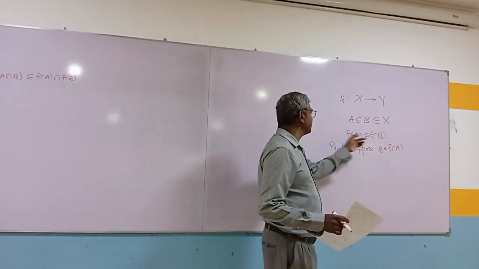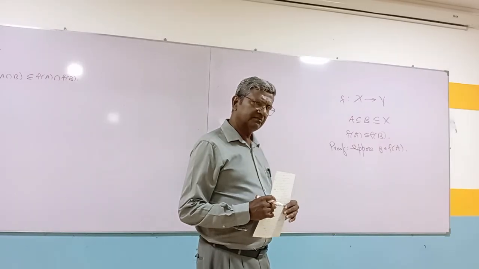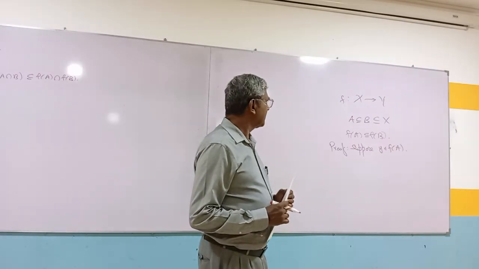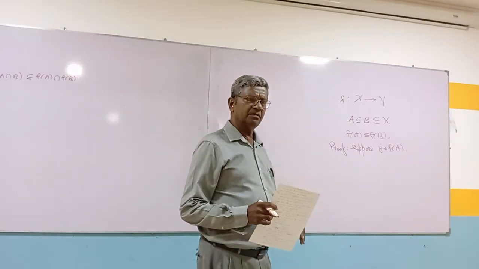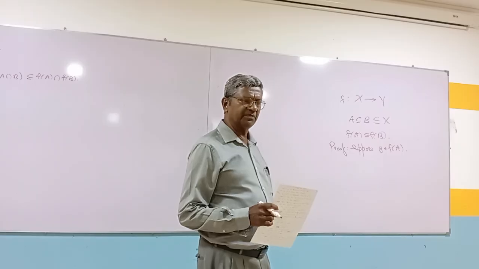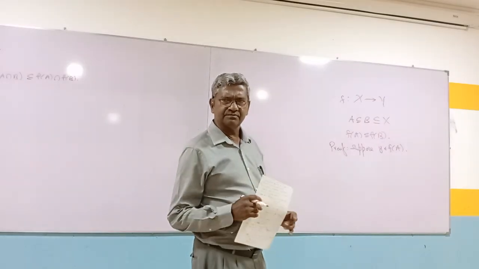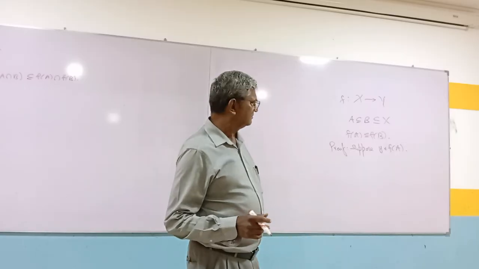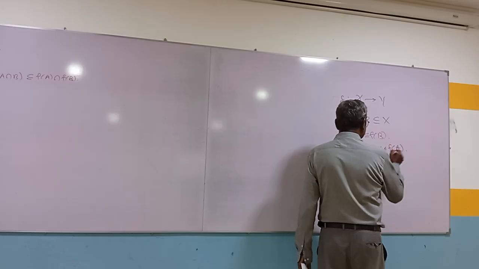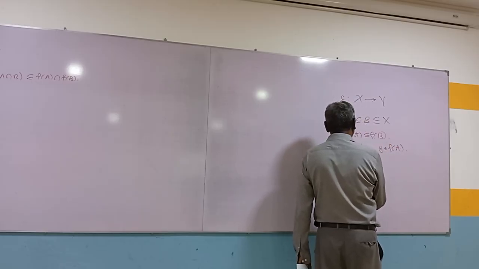I am going to prove f of capital A is a subset of f of capital B. I want to prove that y belongs to f(B). What can I say? Then there exists small x belonging to capital A such that f(x) equals y. The answer is correct, but the symbols are not good.